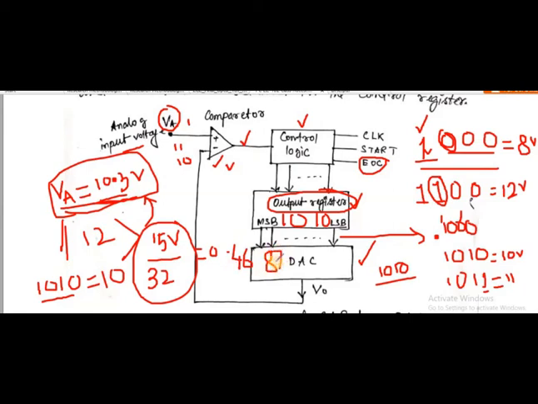Yes, this is the value. So initially for 1 bit of change, the step size will be 1 volt. Now the step size is 0.4687. So obviously we can get a more accurate digital output for the 10.3.